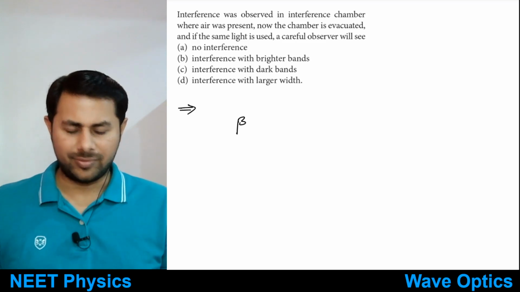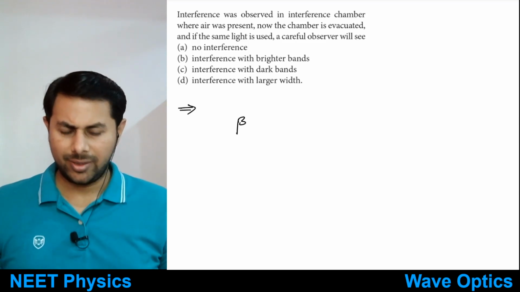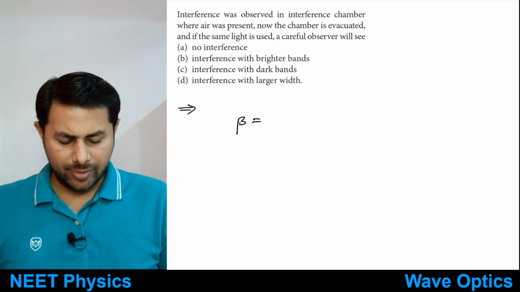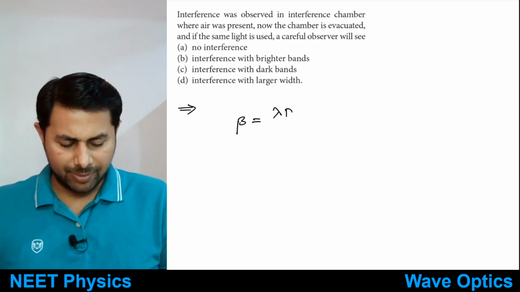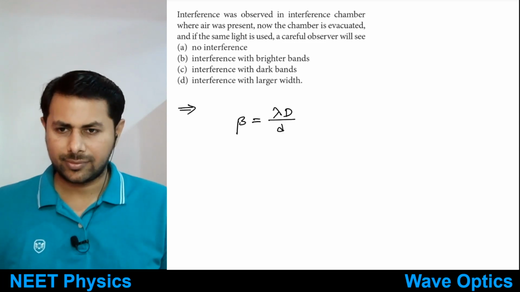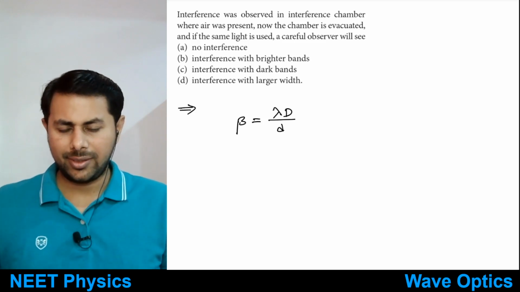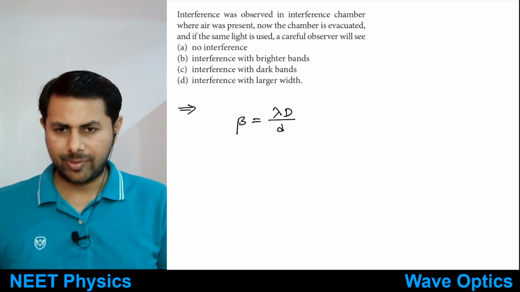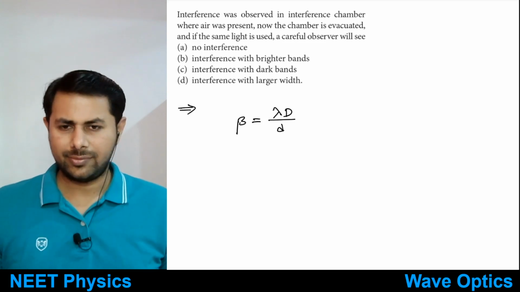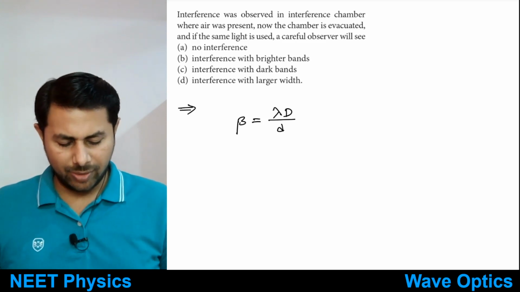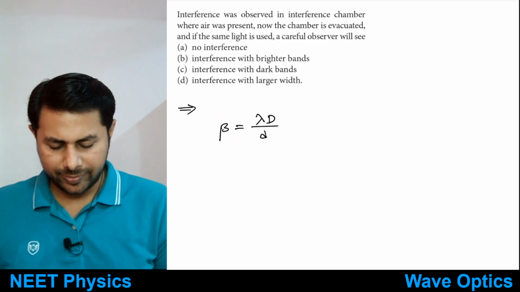There is a vacuum. So beta is equal to lambda capital D by small d. And what about the wavelength in vacuum compared to the wavelength in air? The speed of light is maximum in vacuum, no?